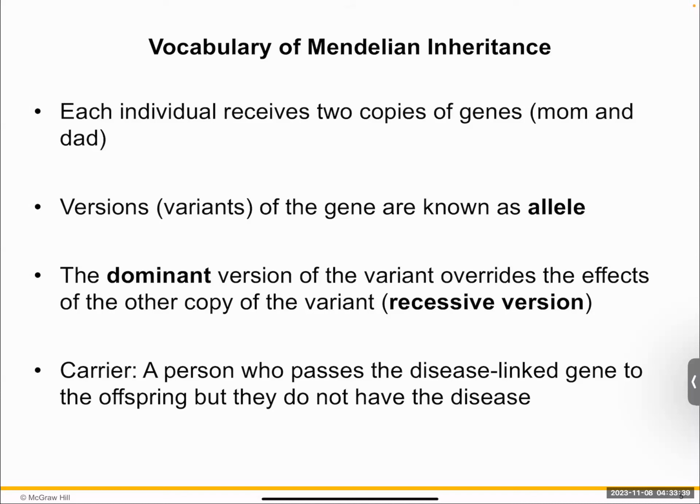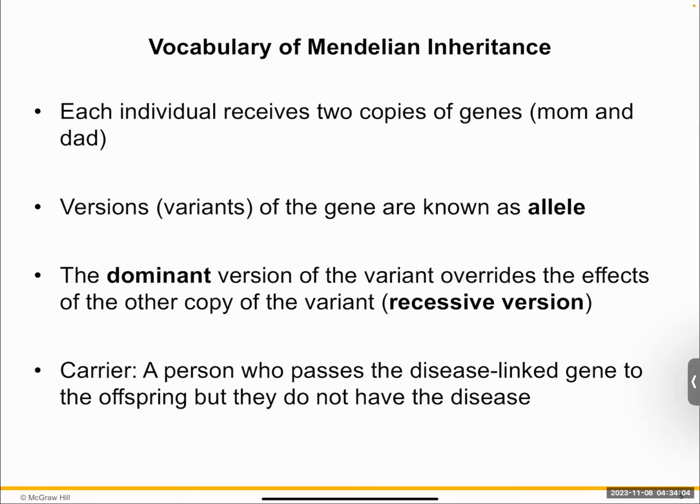Now, because our focus for today is going to be on Mendelian inheritance, we're going to look at some of the vocabulary that's going to be relatively common as we discuss this concept. One of the things that we have understood so far is that when you're looking at the genetic information of a person, we have two copies of the chromosomes.